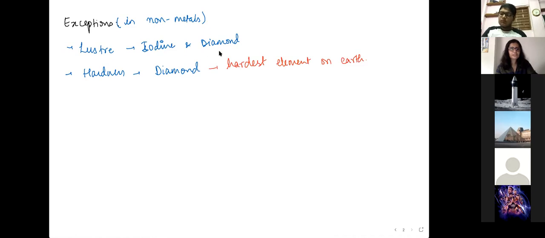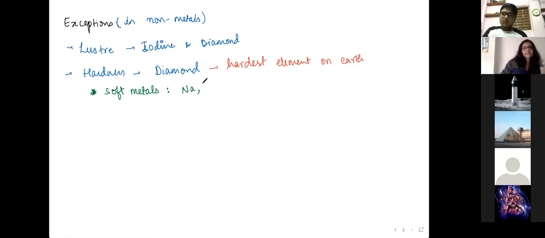Another exception to it: among non-metals the hardest is diamond, but not all metals are hard. There are some soft metals. Mercury is a liquid. Sodium is a soft metal, and potassium.